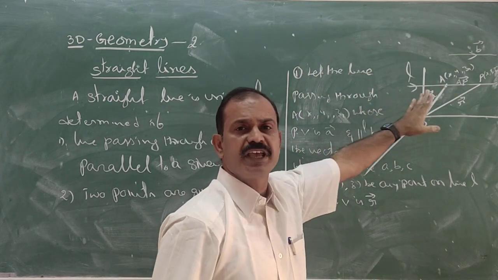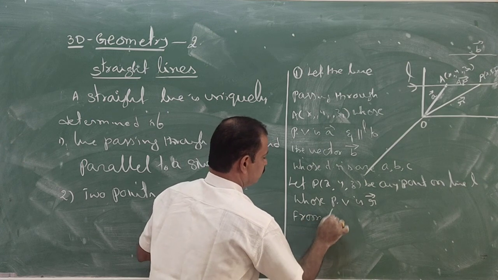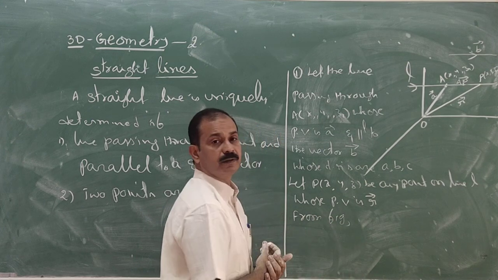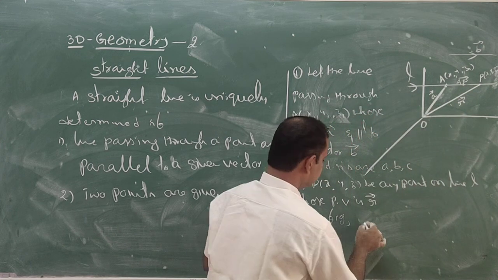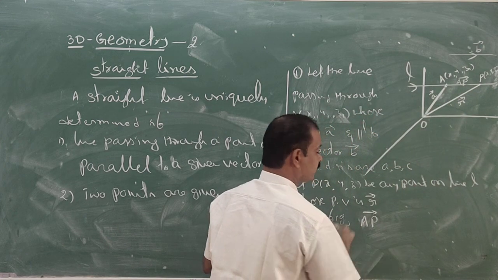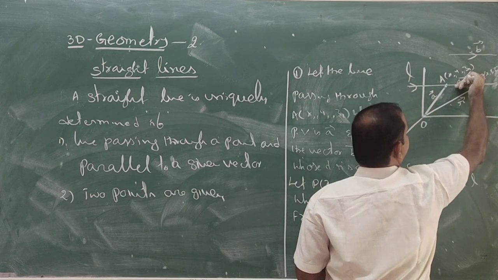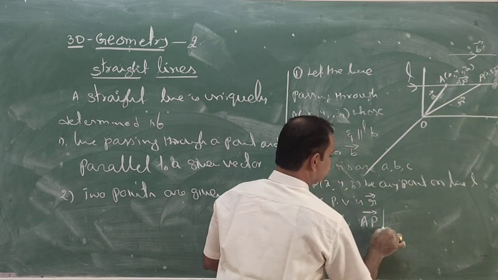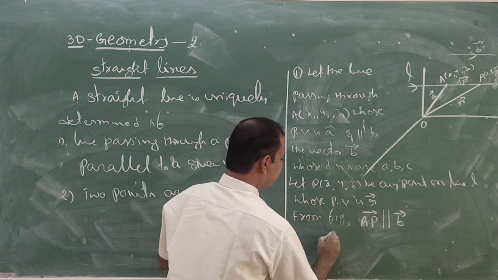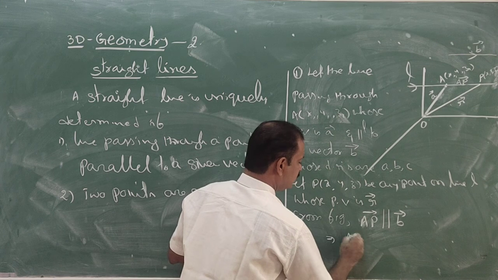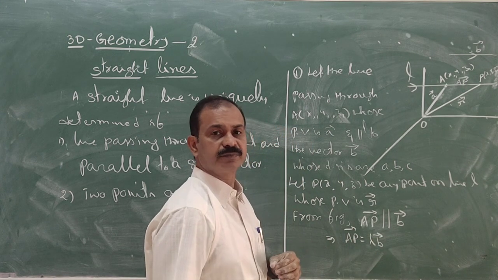So from the figure, AP is parallel to B, which implies AP is equal to lambda times B.